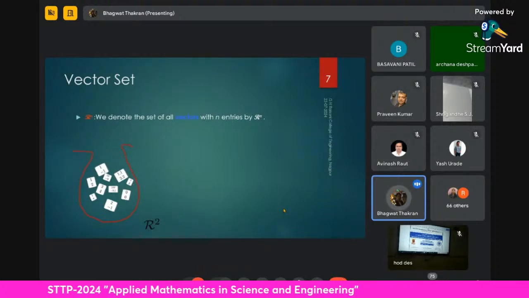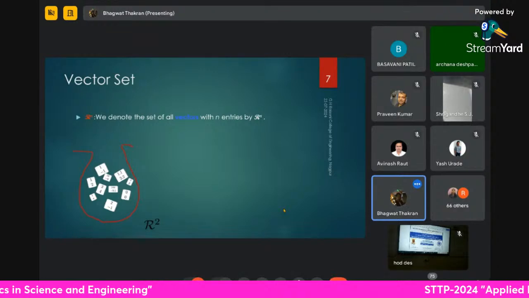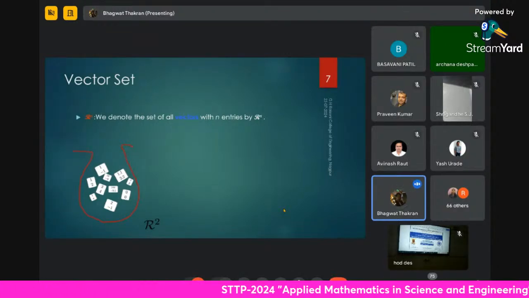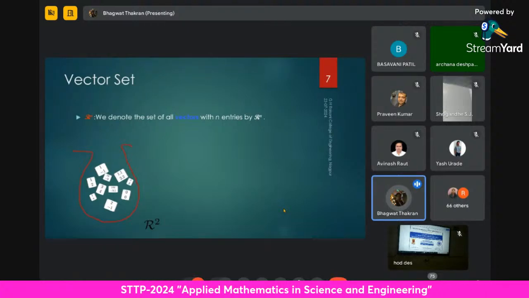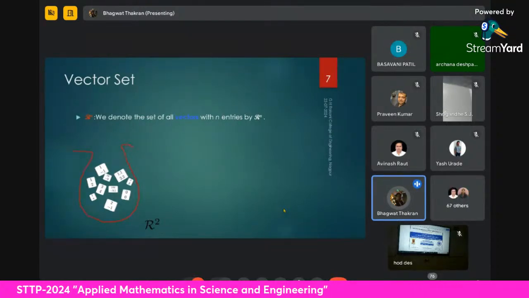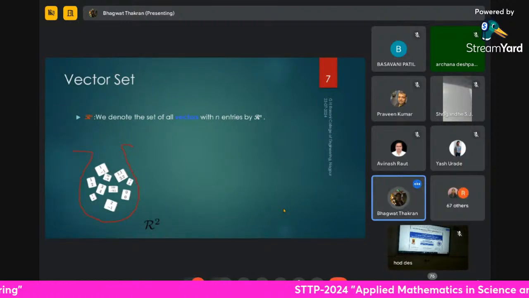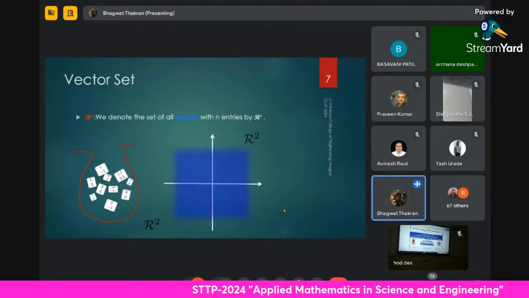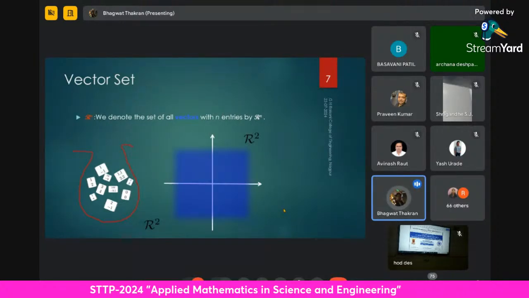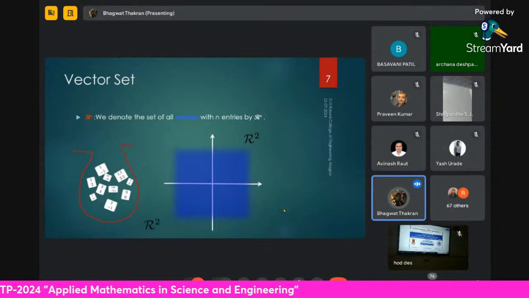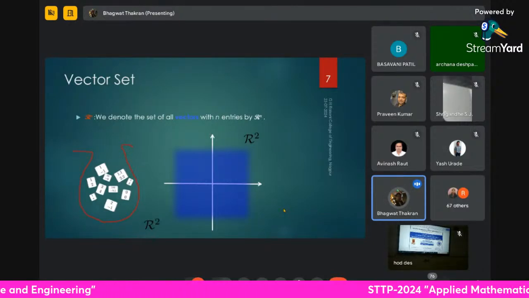The moment I take n equals 2, it forms the R2 space. And this set R2 will hold elements such as a coordinate system containing x1, x2, or a 2 by 1 matrix of such form. Or simply, we can say that it is a coordinate system. And this is nothing but my R2 space because it holds all the properties which we have discussed right now.